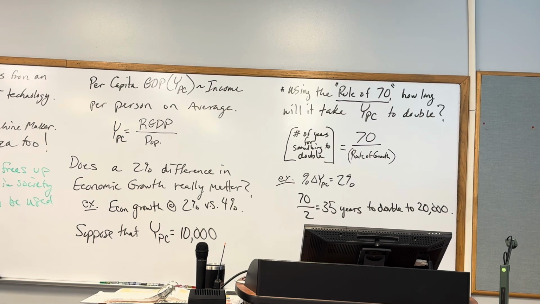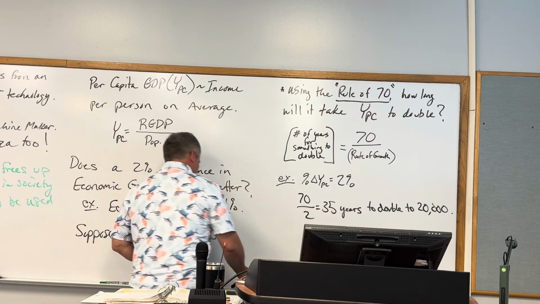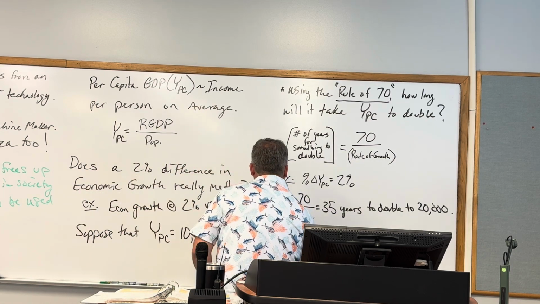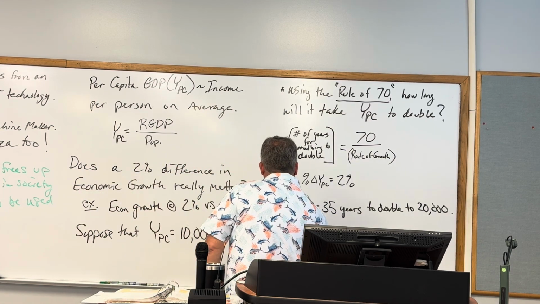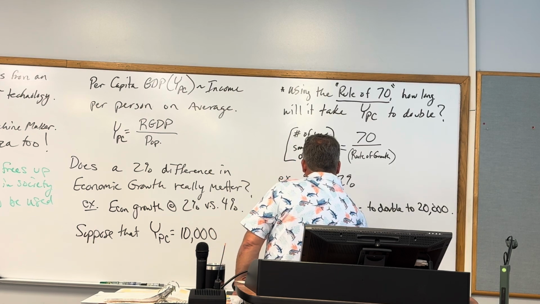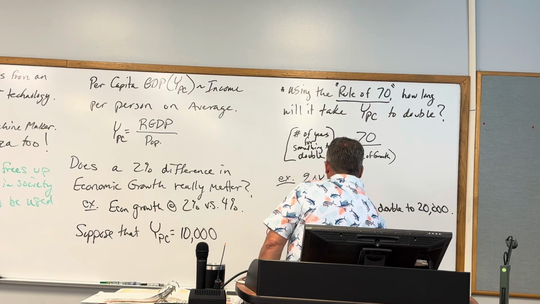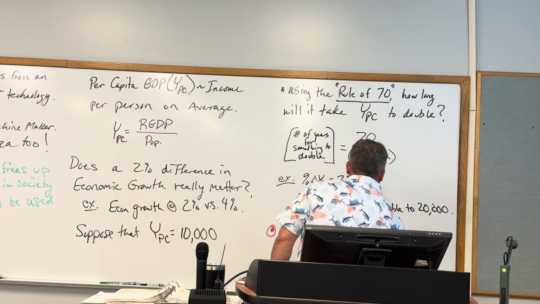Justin's got his calculator out. What did you get, Justin? 17.5, right. So for the 4%, you got 70 divided by 4 equals 17.5 years.